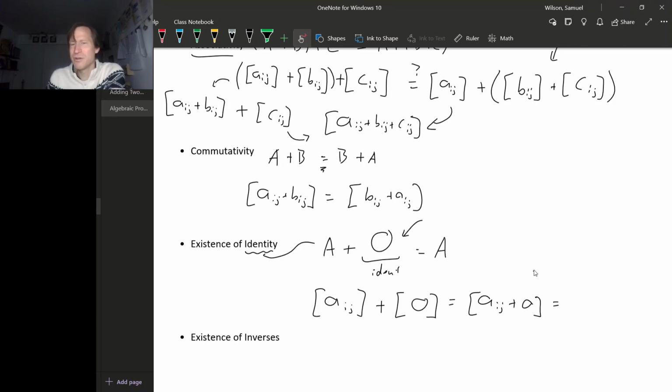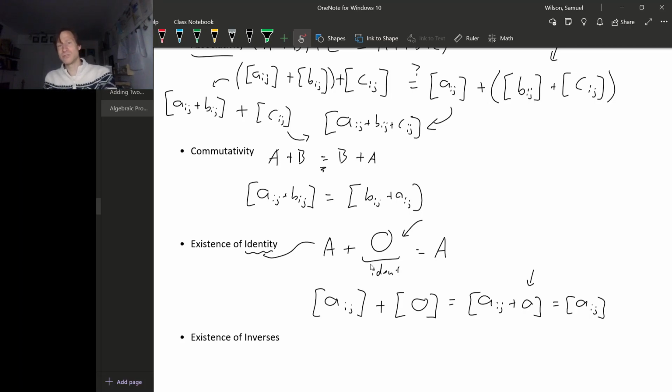And of course this 0 here is not the matrix 0, it's just the scalar 0, and that's the identity for scalar addition, so this is just a_ij. So there is an identity for every matrix size, it's just the 0 matrix.